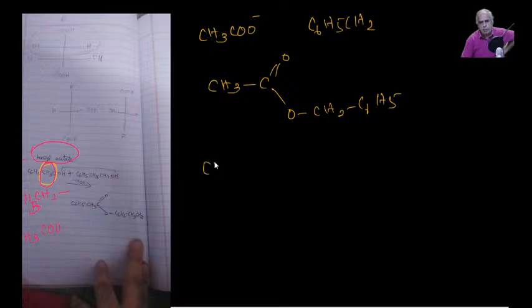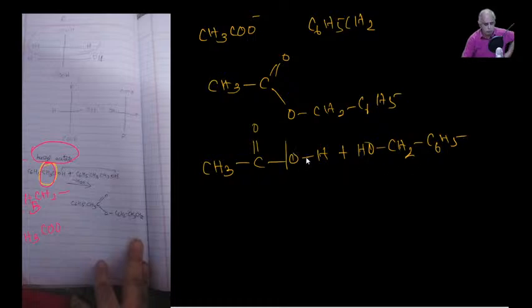Now how to start this? You have to start from acetic acid, CH3C double bond O, OH, plus OH CH2C6H5. I have already given a standard procedure. You have to follow that strictly.